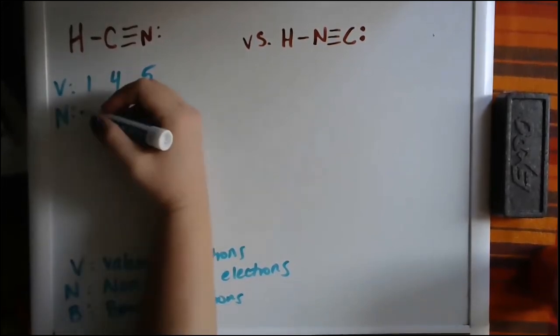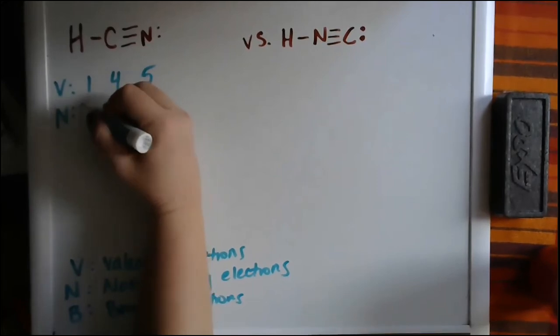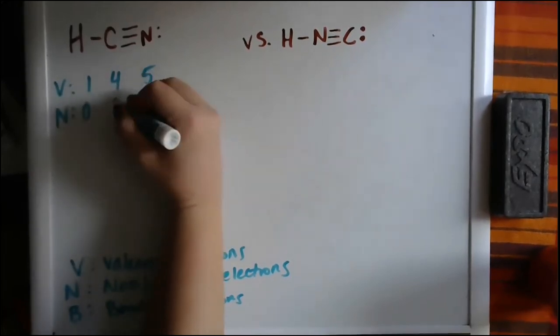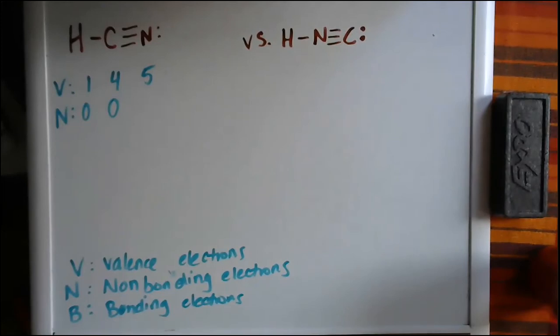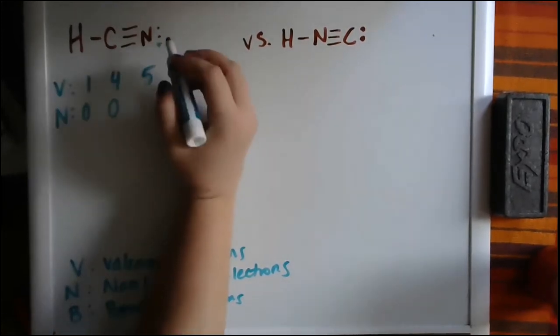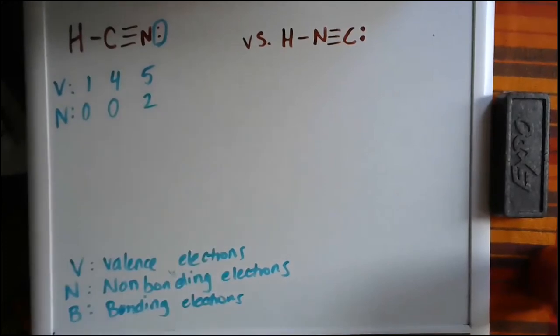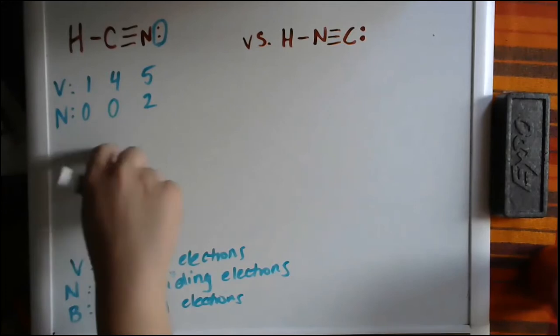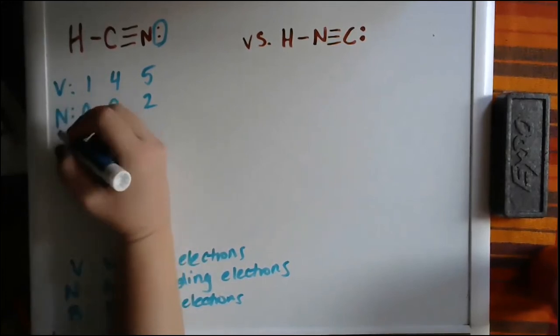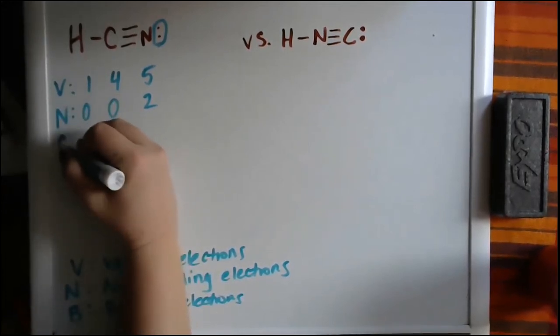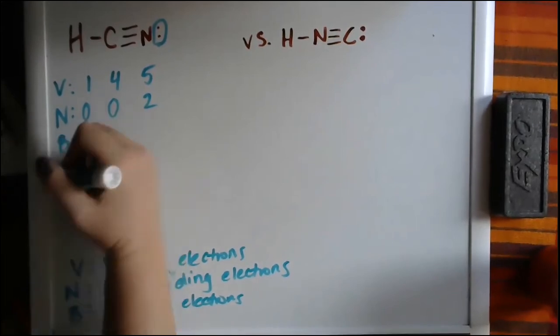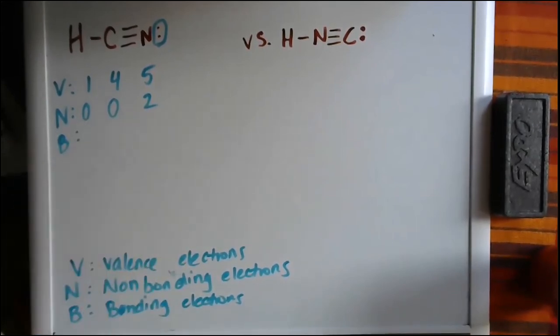Okay, so we have no non-bonding electrons for hydrogen. We have no non-bonding electrons for carbon. And we have 2 non-bonding electrons for nitrogen. Right? Now, this last row, what we want are half of the bonding electrons. Okay, but first we'll get a count of the bonding electrons.